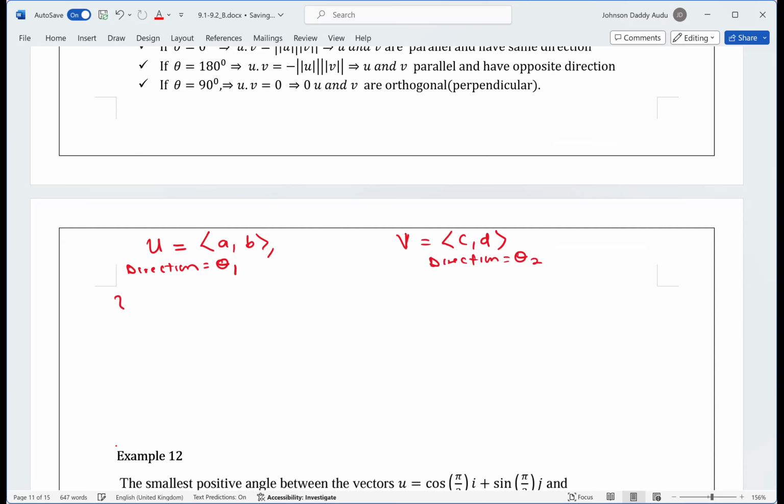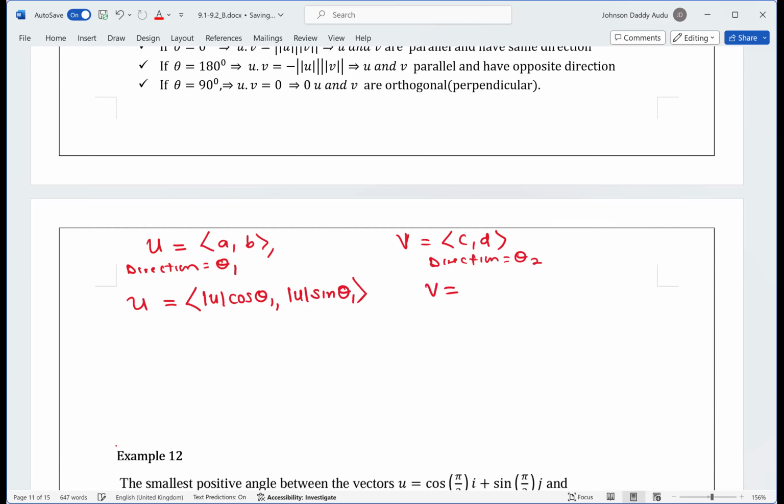So if we look for u dot v, before we do that, remember a vector u you can write as the magnitude of u times cosine of its direction, and the magnitude of u times the sine of its direction. The direction is theta 1.